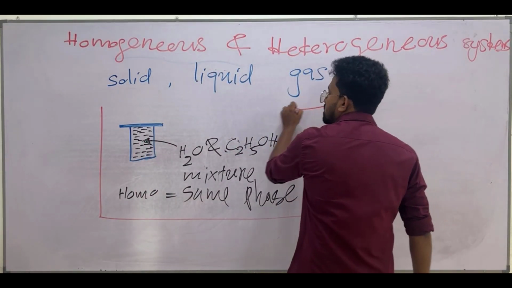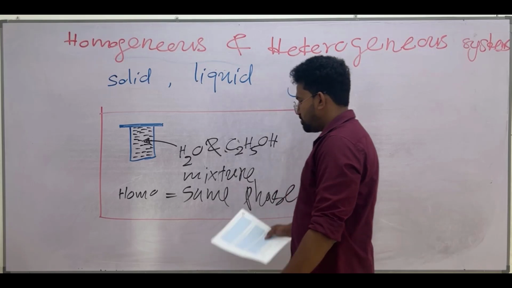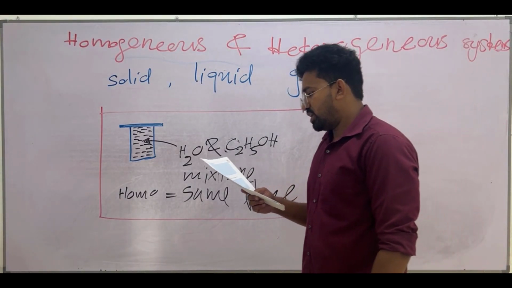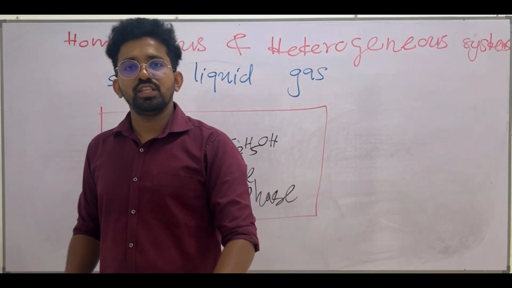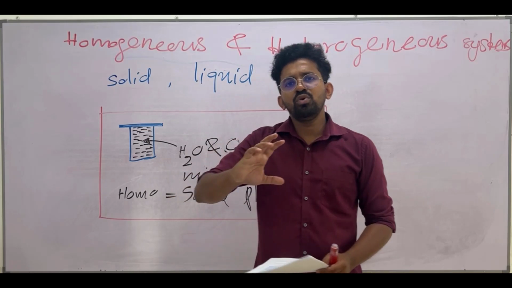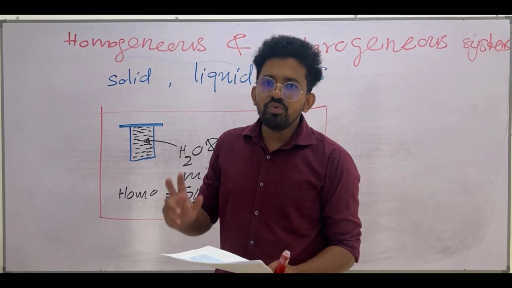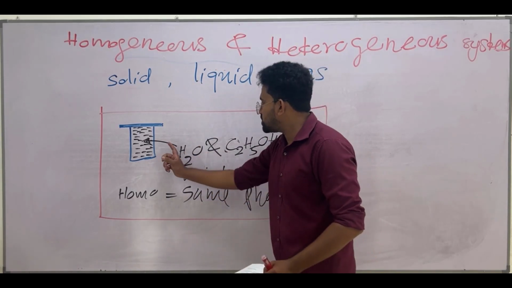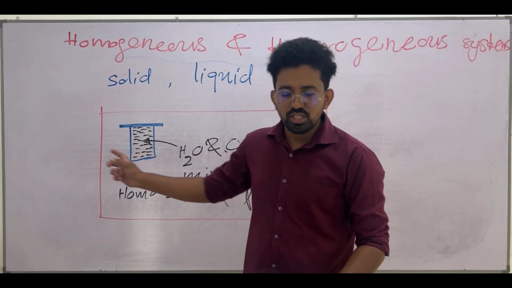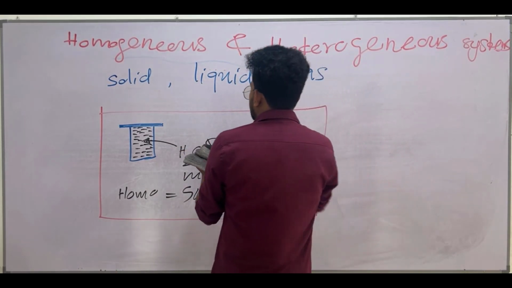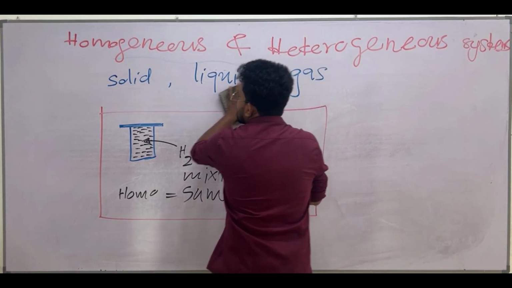Example, air. That is a homogeneous mixture, air means homogeneous system. Or we can consider an alcohol-water mixture. That is a homogeneous system.